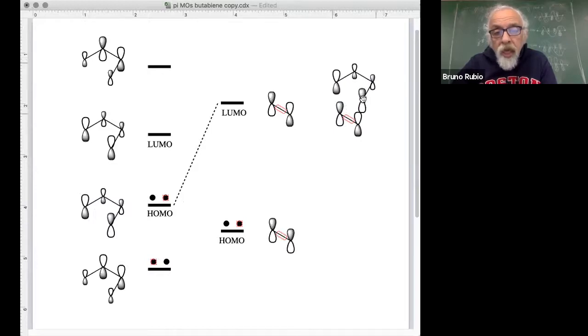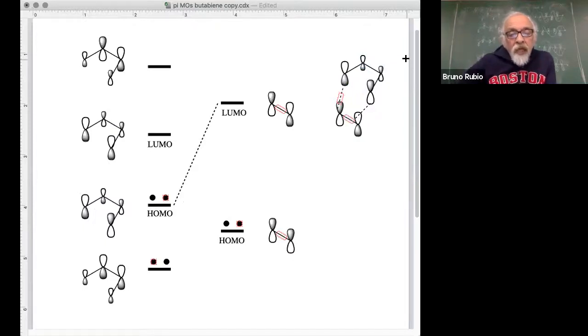And that's where those new bonds are coming from. This orbital interacts with that one to form a new bond, and this orbital interacts with that one to form a new bond, and there's the cyclohexane ring.